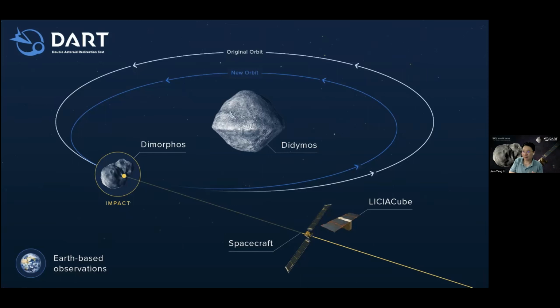On the other hand, if we push an asteroid orbiting the sun and change its orbital speed by the same amount, it only changes the orbital period by a very tiny amount, a few seconds, which is impossible to measure.